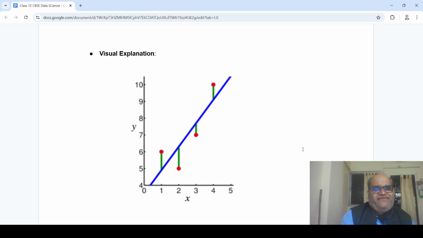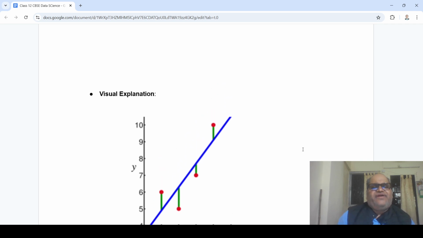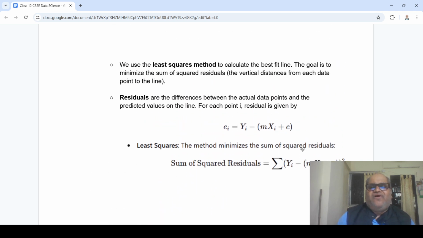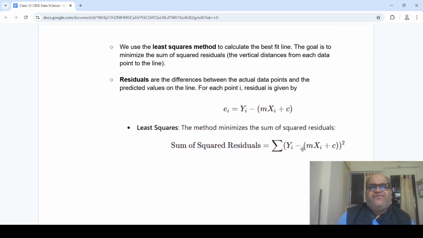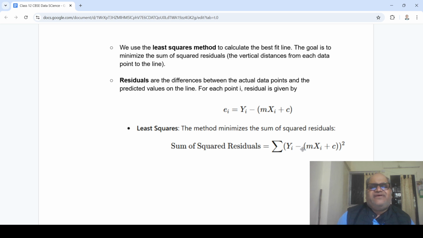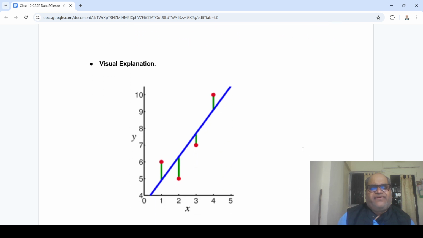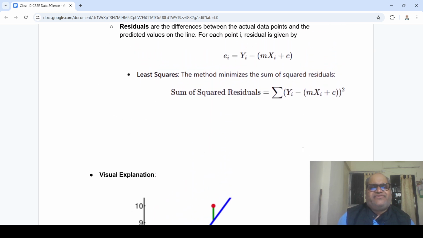So there are deviations. If you look at the square of these residuals, or the absolute value of these residuals, the idea for least square method is to minimize the sum of squared residuals. So basically the vertical distance that we are talking about, the square sum of these, is minimized across all your data points.